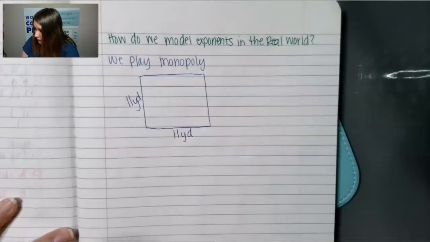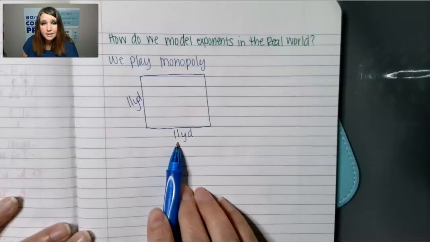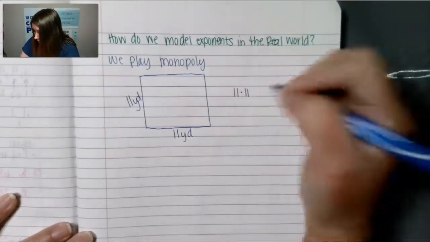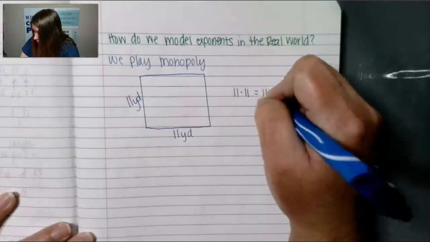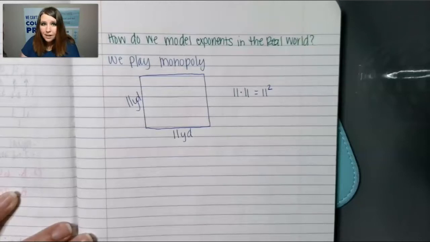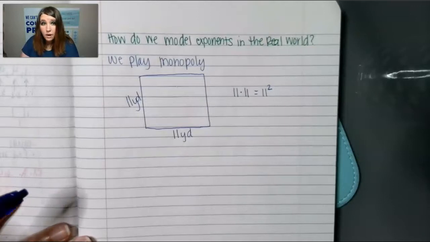So 11 yards by 11 yards is the same thing as saying 11 times 11, which equals 11 squared. Well, we know that 11 times 11 is 121.